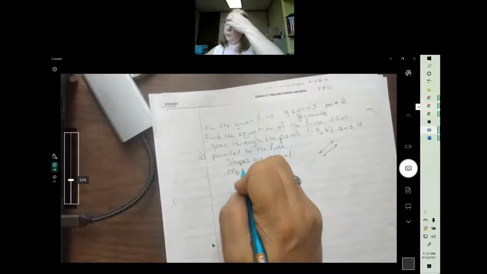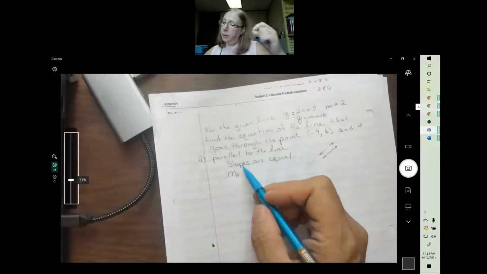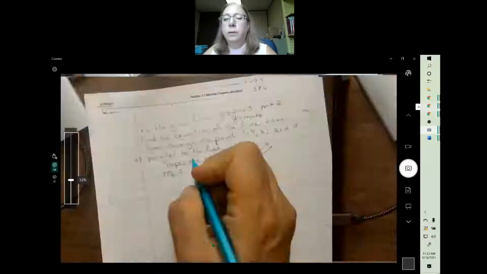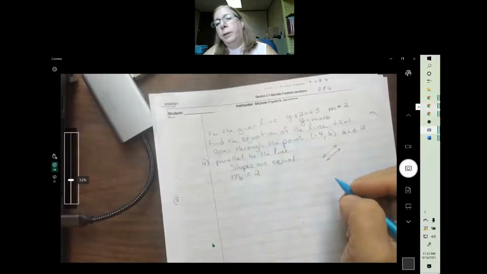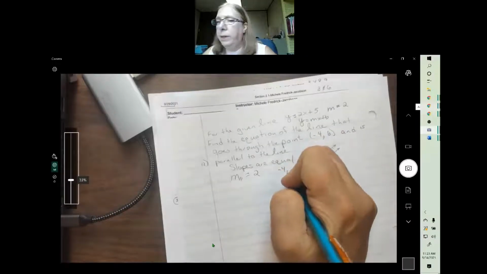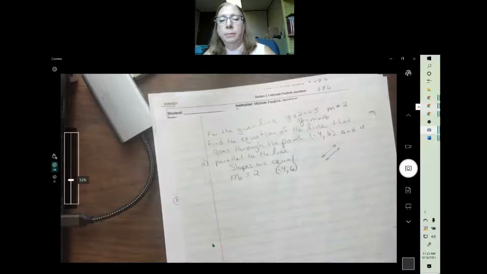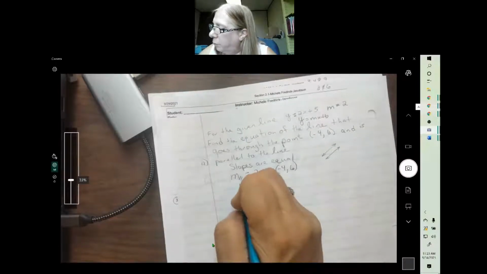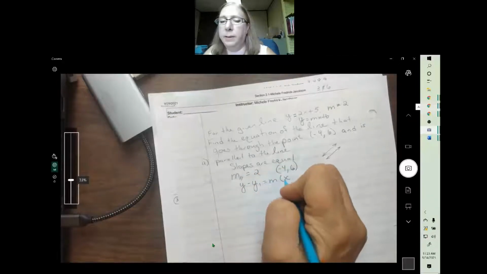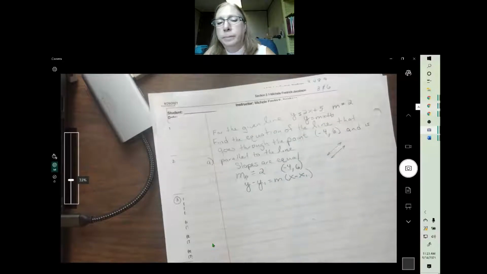But this is parallel. If the slope is equal, the lines are parallel. So it has to have the same slope. And then you use the point that's given and write an equation of the line. You can use y minus y1 equals m times x minus x1 to find the equation of the line.